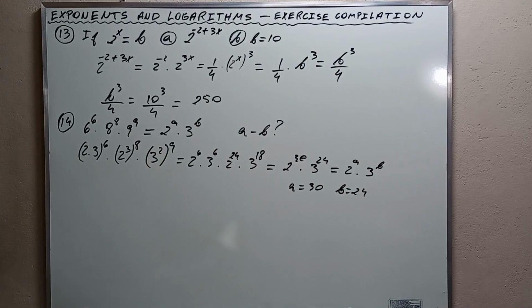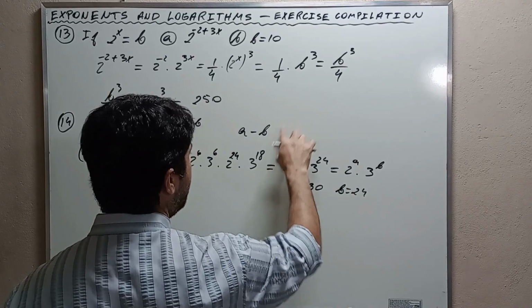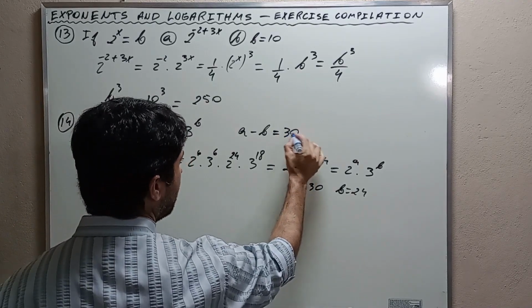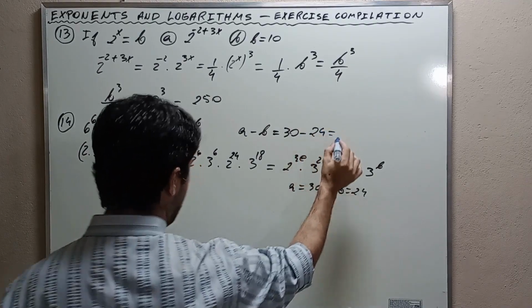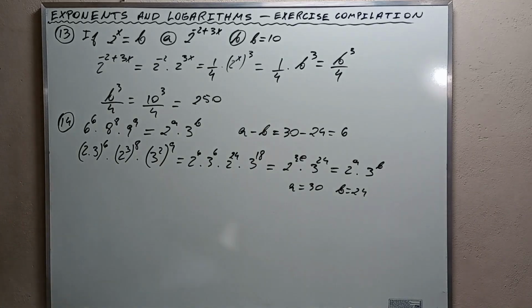Could you see why? Then A minus B is equal to 30 minus 24, and this is equal to 6. Okay, my friends? Could you comprehend exercise 14?